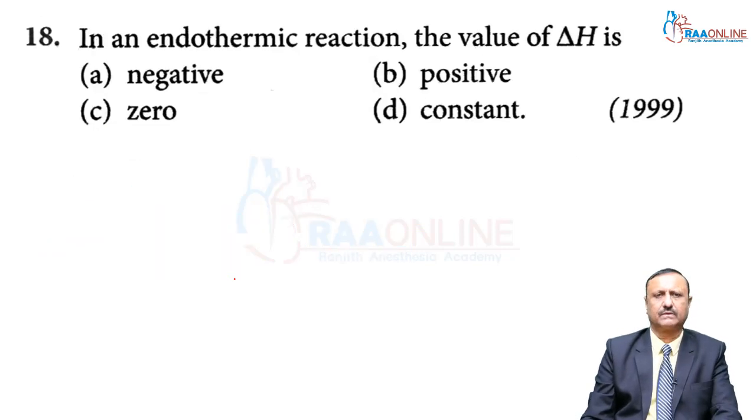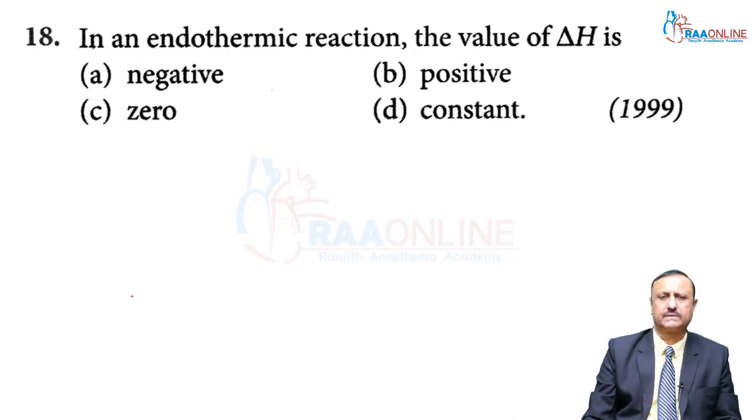Now, my dear students, we can go to question number 18. In an endothermic reaction, the value of delta H. This is a very theoretical and conceptual question. What is the concept, my dear students?